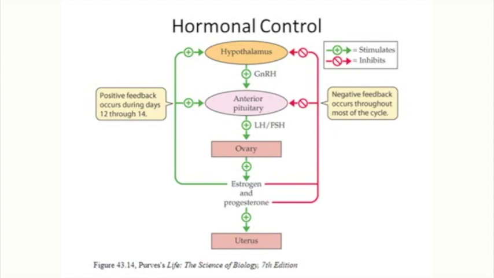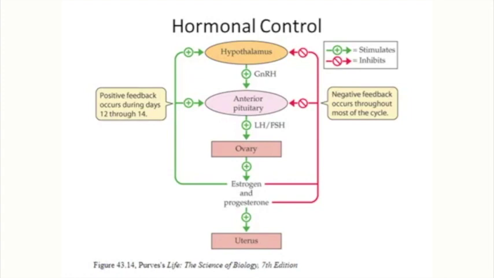These estrogen and progesterone will have receptors at the level of the uterus, and they're going to stimulate changes at the level of the uterus. Not only the uterus, but as we mentioned before, the endometrium of the uterus, the cervix of the uterus, and even the vagina.